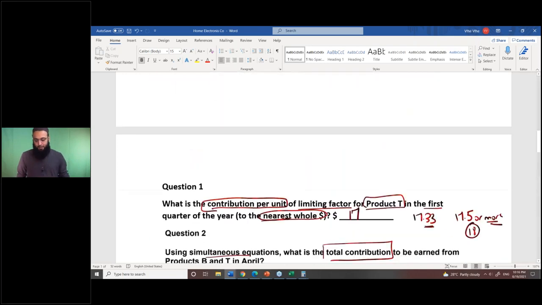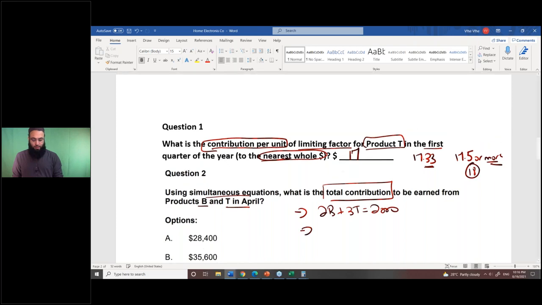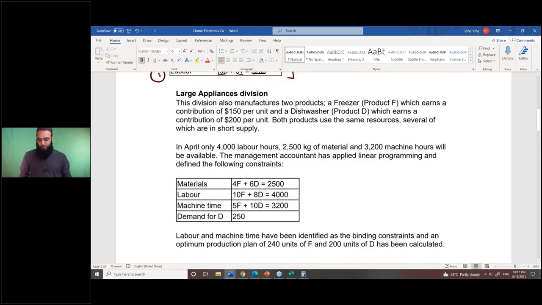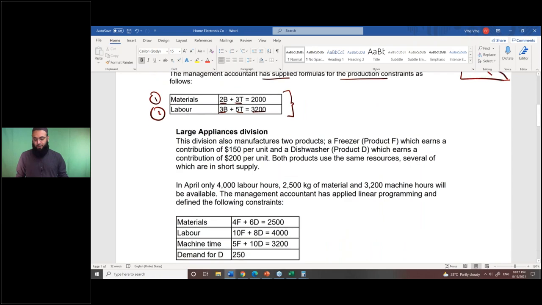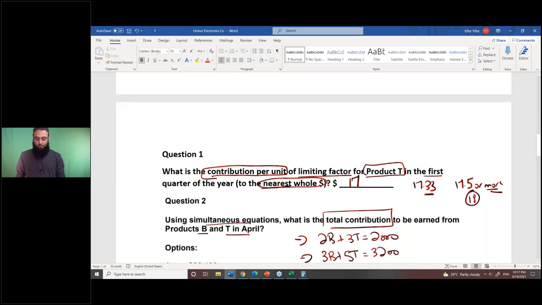It's 2b plus 3t is equal to 2000. And the second one was 3b plus 5t is 3200.